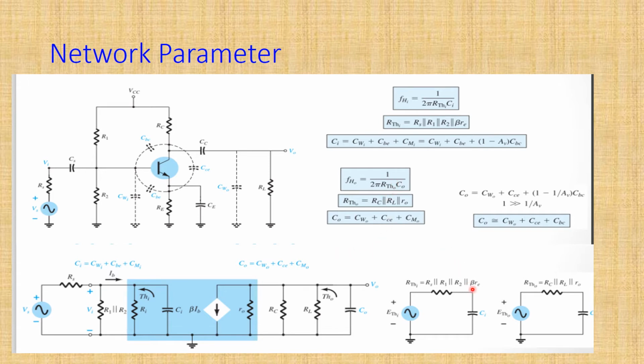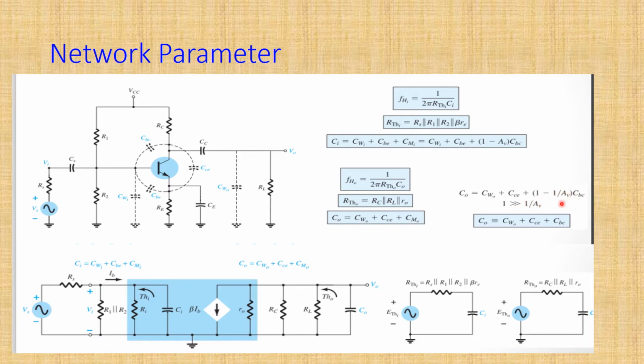So after knowing the total Thevenin's resistance at the output, we will find out the capacitance C0. So C0 is a parallel combination of CWO, CCE and CMO. CMO is the Miller capacitance.